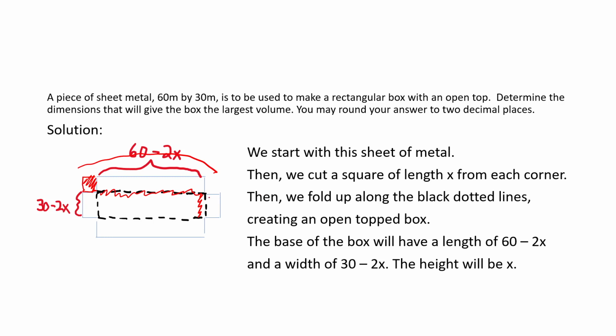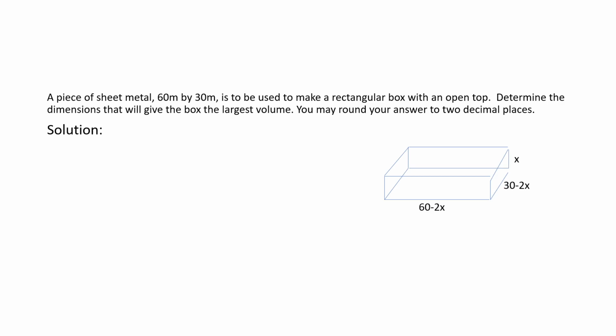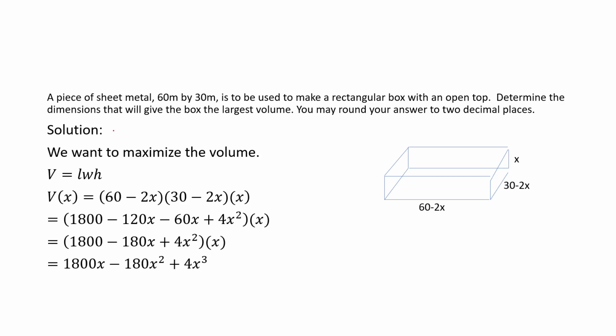Now, when we flip up all these heights, where I'm shading in now, all of those are going to represent the height of the box. Well, that's equal to x, so the height of the box will be x, and so we can come up with a volume formula for the box itself. The volume of a box is obviously going to be length times width times height.